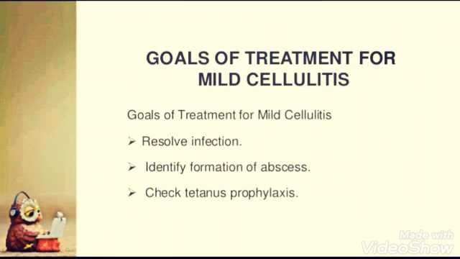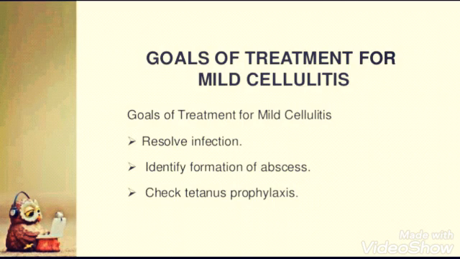If it is in the initial stage, mainly people don't identify the disease and so they don't care for it. So first and foremost, you have to resolve the infection. Then if there is abscess formation, they should identify what kind of abscess it is, and first they should check whether the person has tetanus prophylaxis or not.